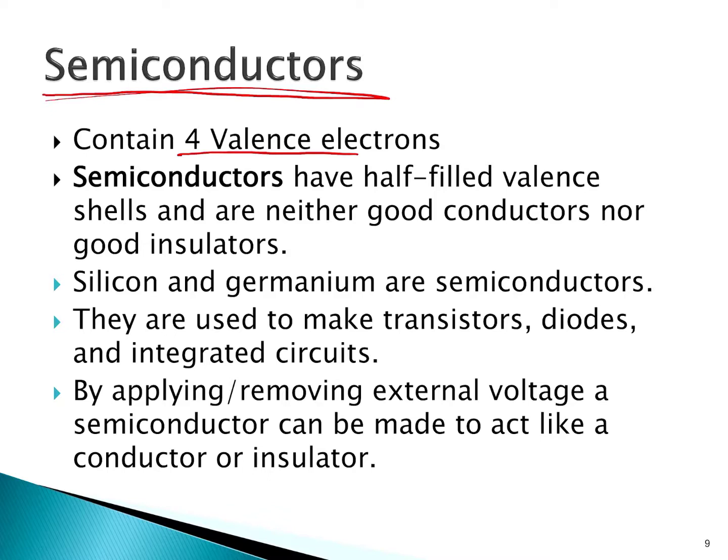There's no actual moving contacts within them, but by the use of external voltage you can have them act like a conductor or an insulator. So they can go from an open switch and allow no current flow to a closed switch and allow current. So that's what makes the semiconductor a really special material that we use in electricity.